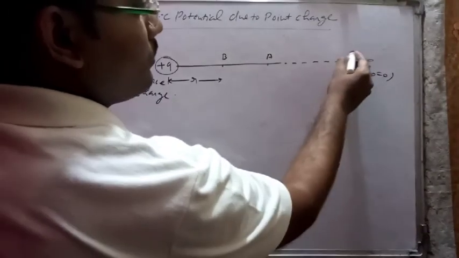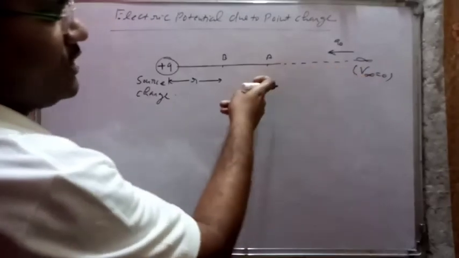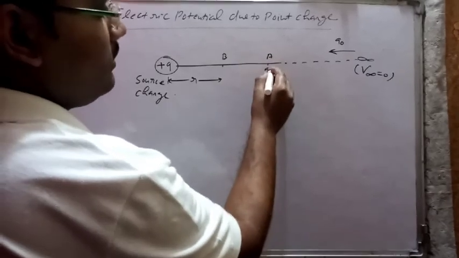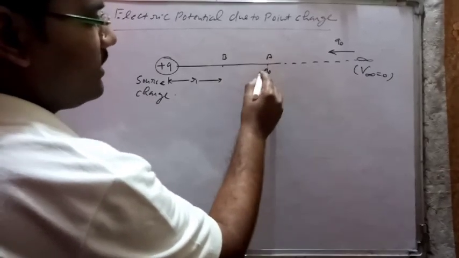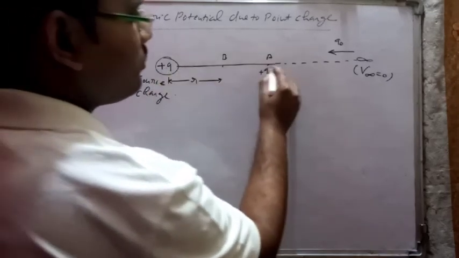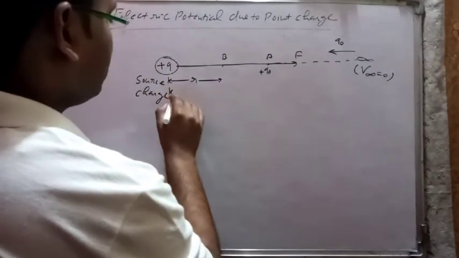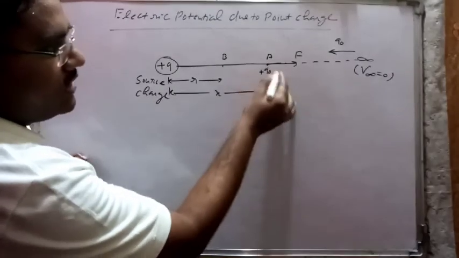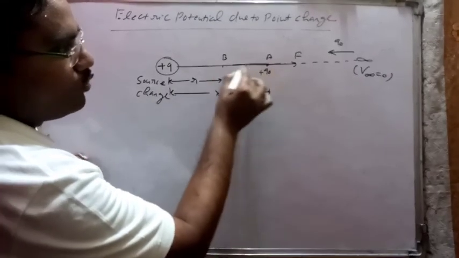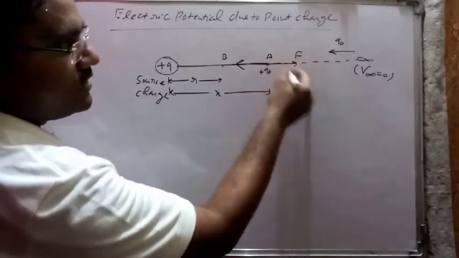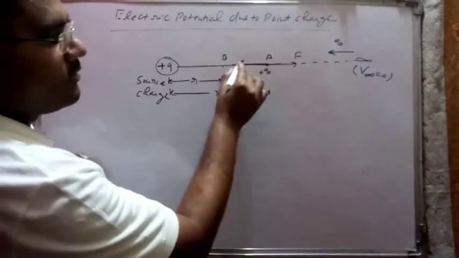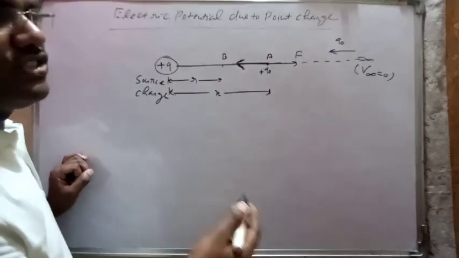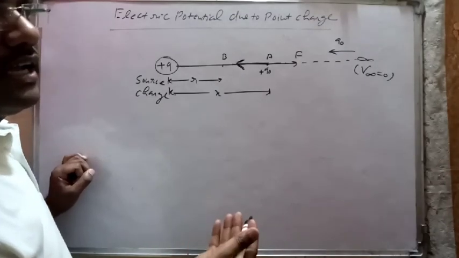Now we move a test charge from infinity to point B. First it reaches point A. When this positive test charge reaches A, it is repelled by an electrostatic force, which we take along X. If the test charge moves toward B, that means opposite to this force, then we have to do work against this force, and this work per unit test charge is called electrostatic potential or electric potential.